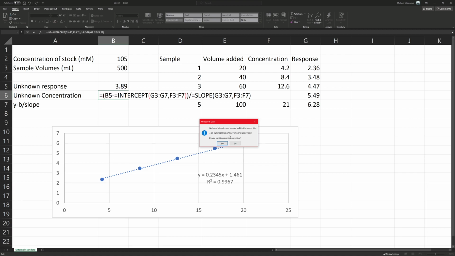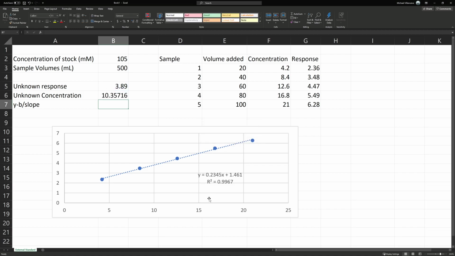G3, G7, comma, F3, dot, dot, F7. This one, the slope. I don't know what it's correcting. Looks exactly the same to me. But, yep, here we go.